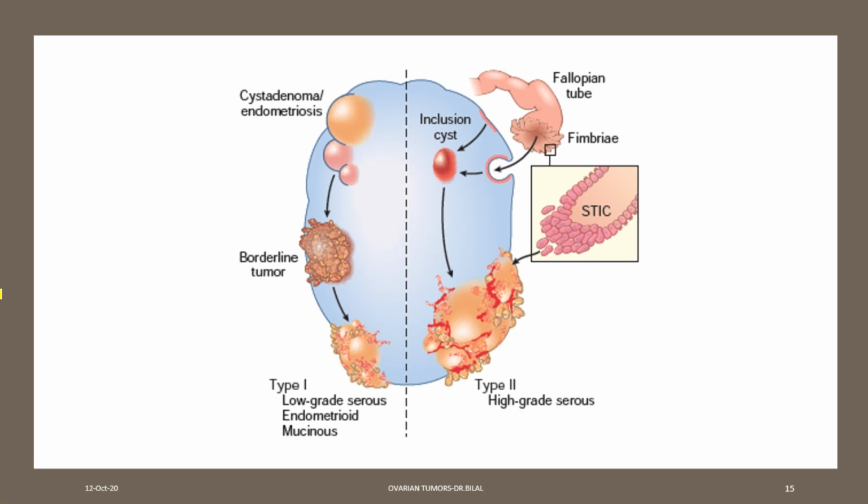Okay. Now a little bit of stuff about the pathogenesis of the ovarian tumors. Some people like to ask a question why I've included this picture here in this presentation, that some people like to classify the ovarian tumors as type 1 and type 2.